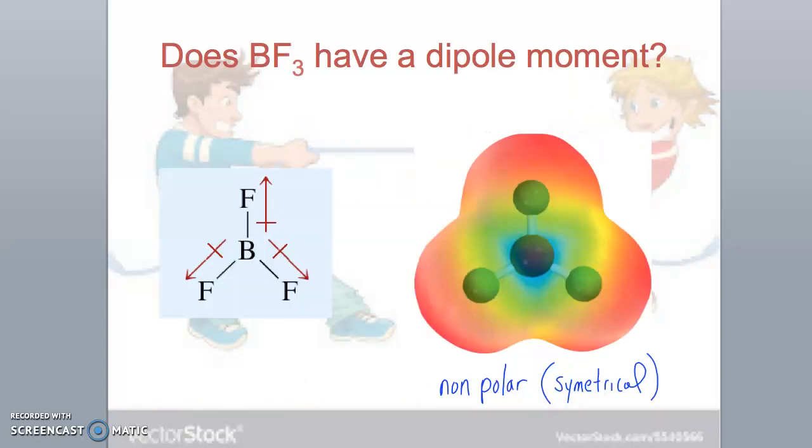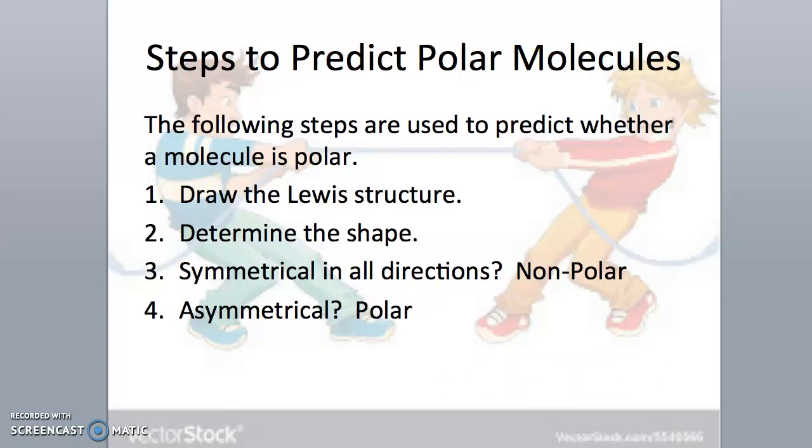The BF3, or BH3, or B anything 3 that it's bonded to, can be especially tricky because it doesn't appear to be symmetrical with 3, but if those atoms are all the same, it is nonpolar. So we've got some steps to predict if a molecule is polar or not, and we're really looking for symmetry to tell us if it's polar or not.